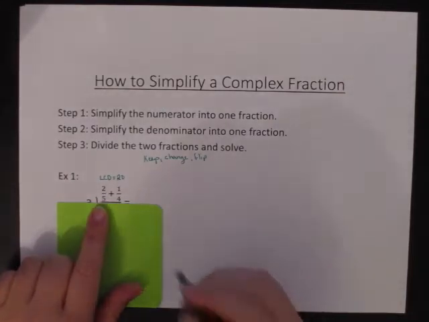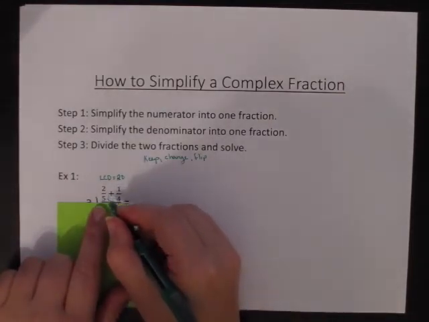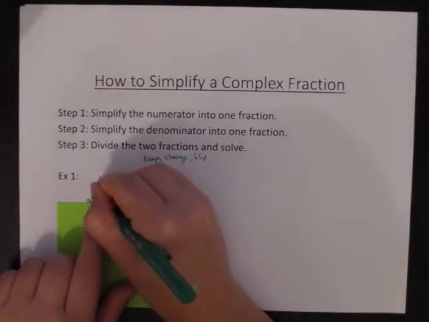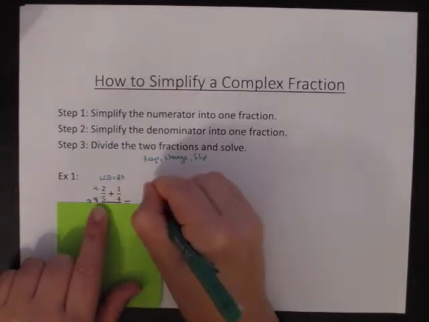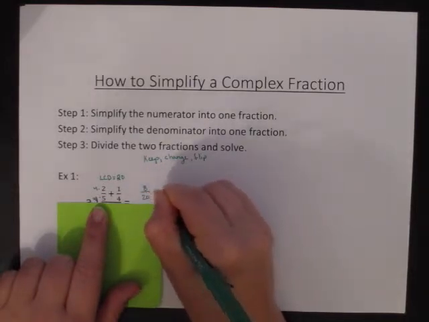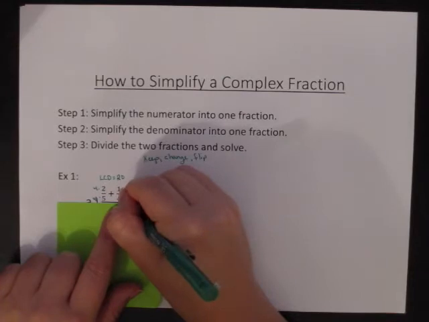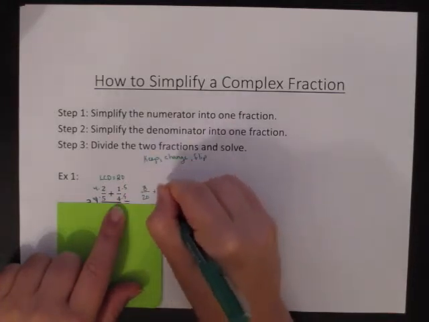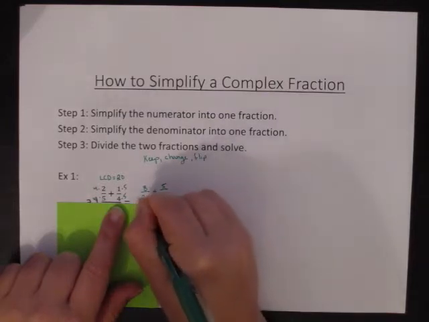So what times 5 will get me to 20? That would be 4. What I do to the bottom, I have to do to the top. So 4 times 2 is 8 over 20, plus 4 times what gets me to 20? That would be 5. 5 times 1 is 5 over 20.